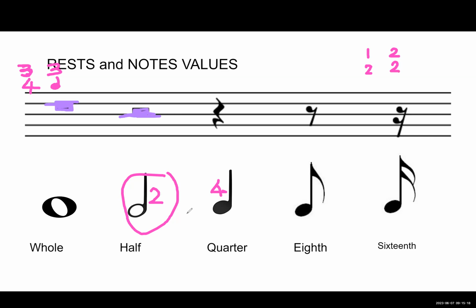And if I want a time signature where you're going to have 3 half notes in each bar, my time signature would be 3, 2. So the bottom number here represents this note, whereas the top number here is how many of whatever is at the bottom.